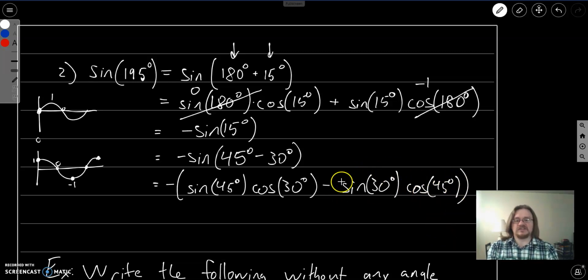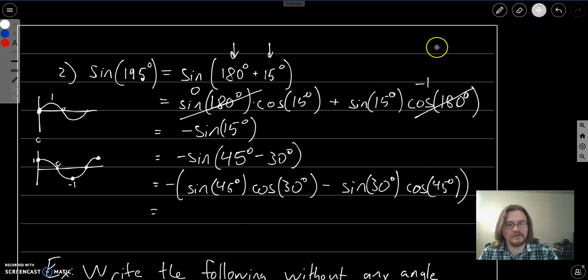So ultimately, it's just using the formula that we had before. The sine of a difference of angles is going to be sine of the first, cosine of the second, minus sine of the second, cosine of the first. And then from here, it's just a matter of plugging in everything.